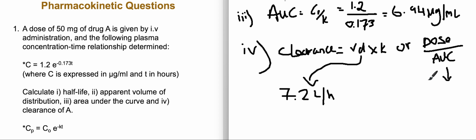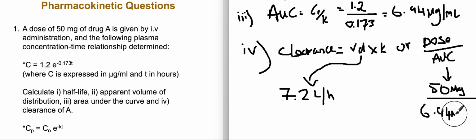And if you were to do it this way, so dose, which is 50 milligrams, divided by 6.94 milligrams per liter, because I converted the micrograms into milligrams.